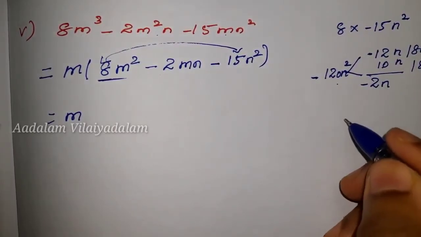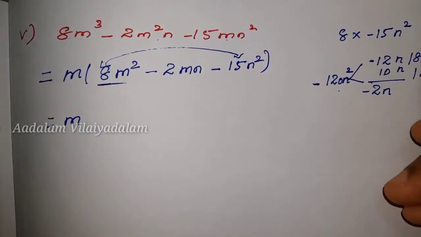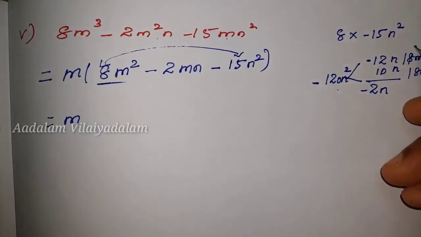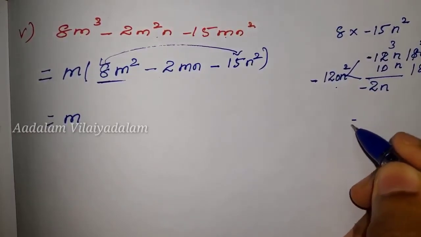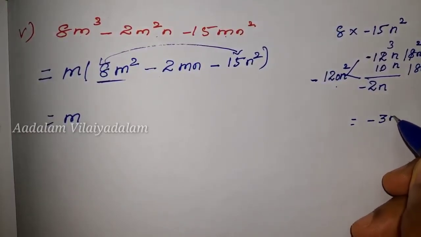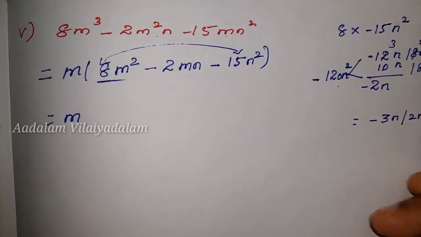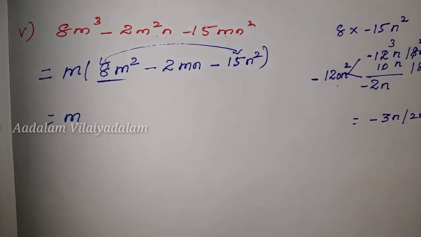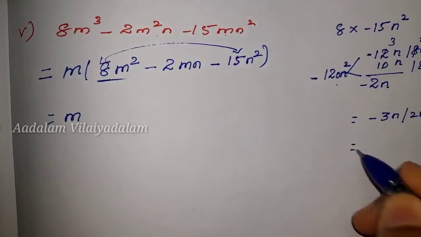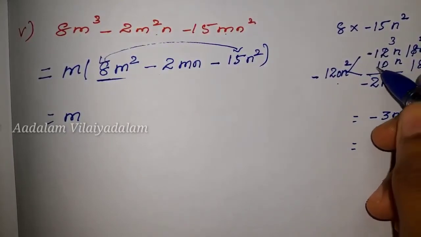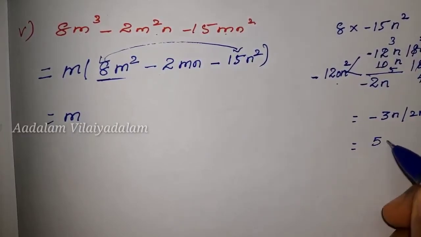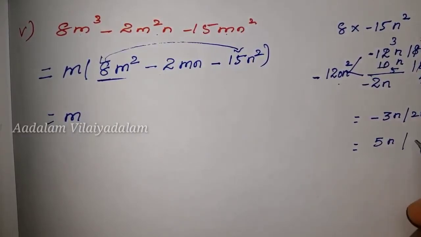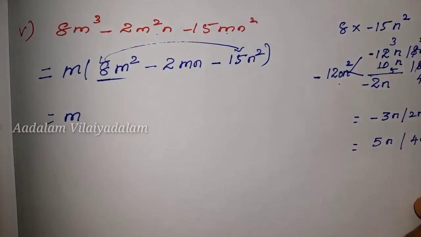So what is the variable first one? Here 4 twos are 8, and 4 threes are 12. What is the balance one? Minus 3n divided by 2m is the first one. The second one, 2 fives are 10, 4 twos are 8, only 4 times. It is 5n divided by 4m.